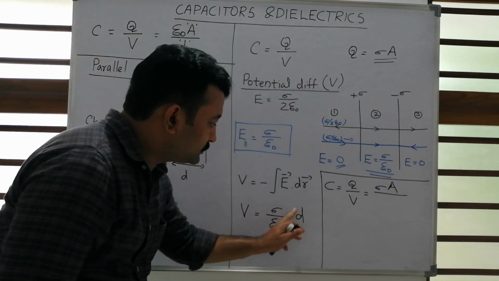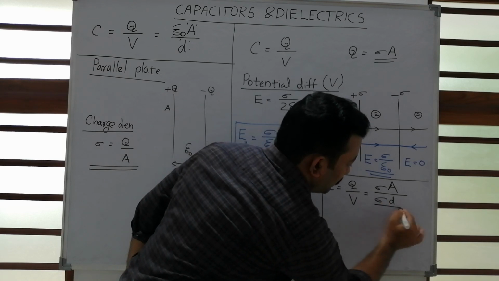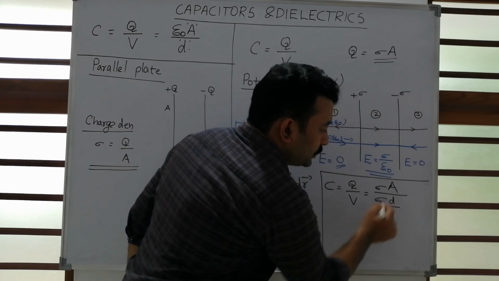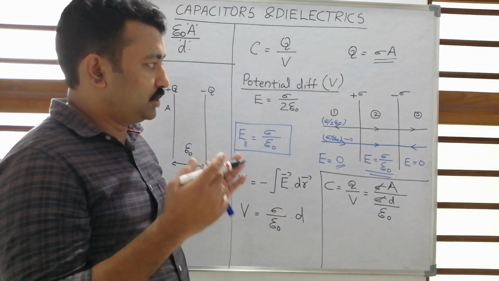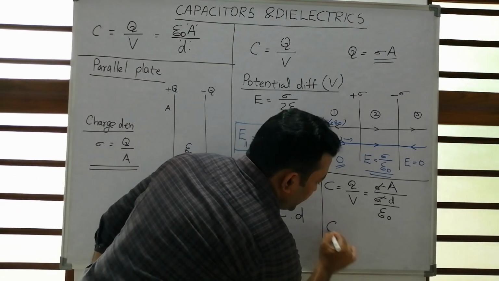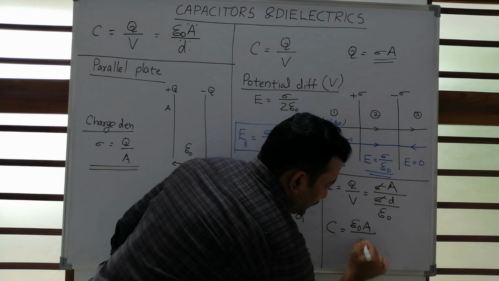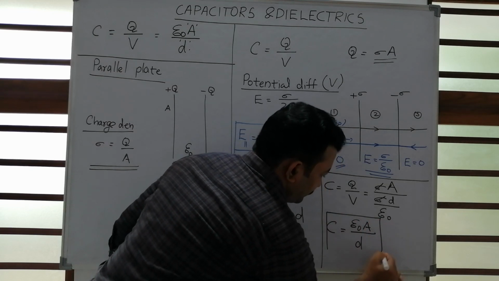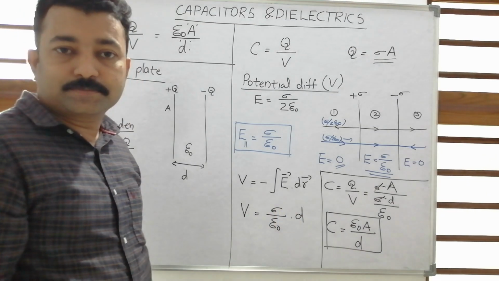V is sigma by epsilon 0 into d. So we can write sigma d by epsilon 0. Sigma cancels. That means it is independent of the charges concentrated on the plates. Rearranging, I'll get epsilon 0 A divided by d as the expression for the capacity of a parallel plate capacitor.